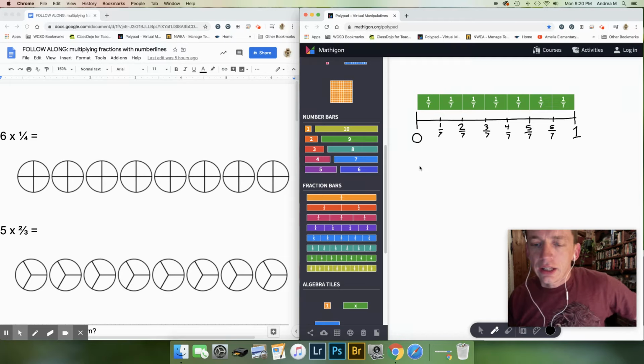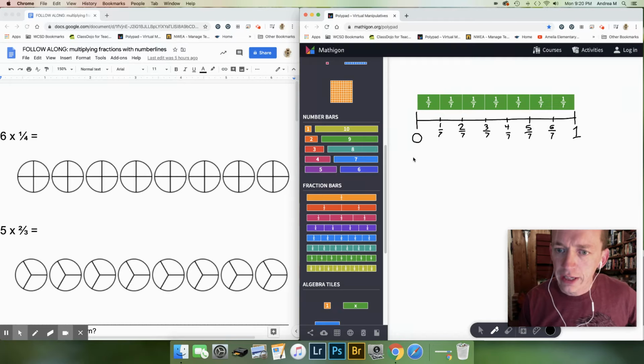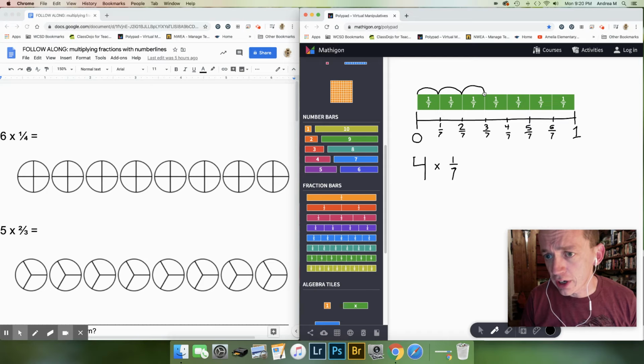So the idea is, let's say I want to go four jumps. I'm going to call them jumps. And I want to go 1/7 at a time. I want to multiply these by the unit fractions. So what I'm going to look at is I'm going to go 1/7 4 times. So that's 1 time, 2 times, 3 times, 4 times.